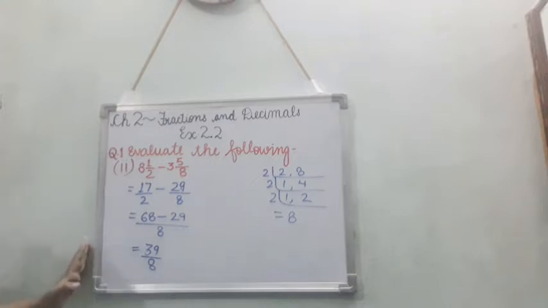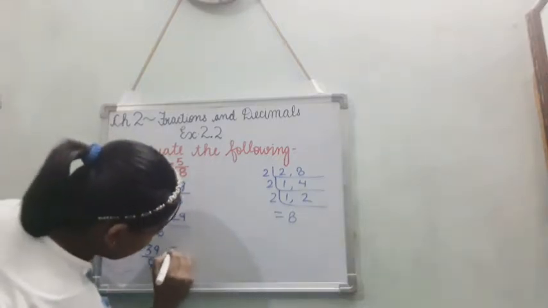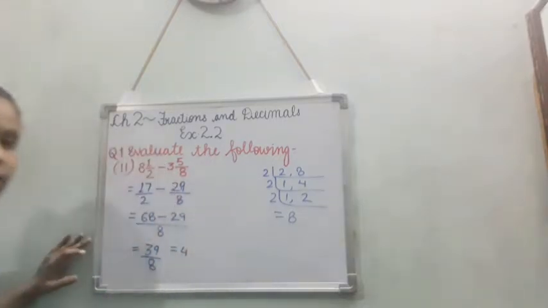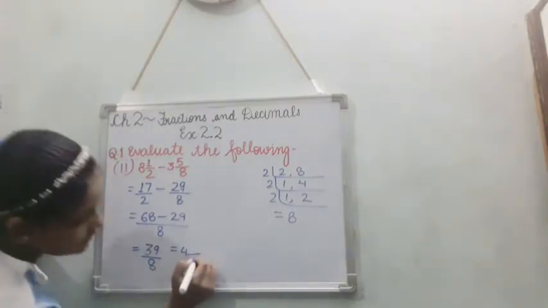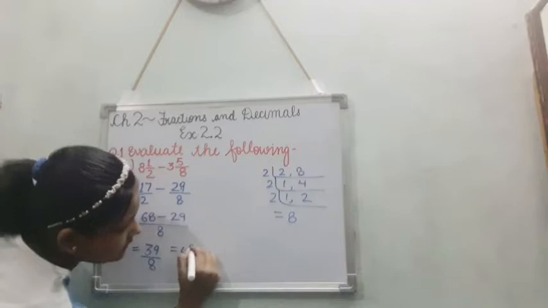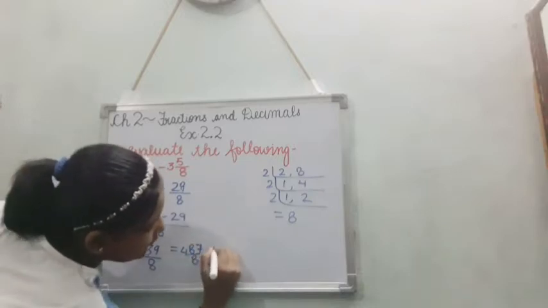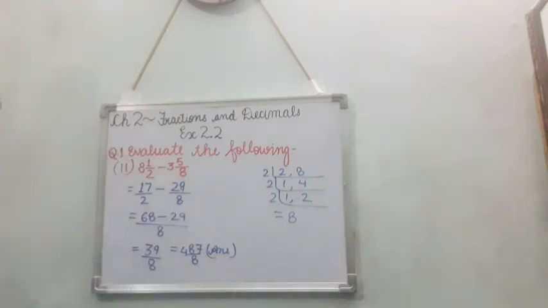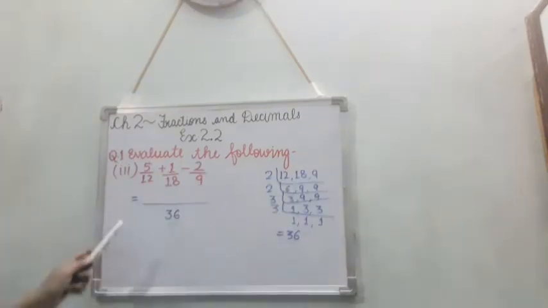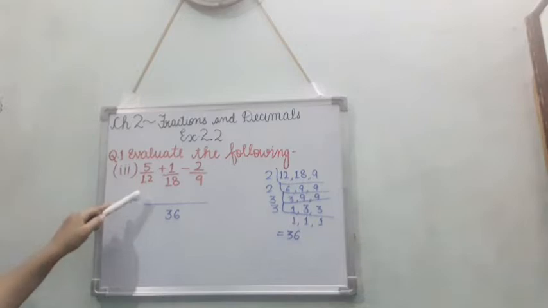So the answer will be 4 as the whole, then in the denominator there will be 8, and the remainder is 7. 4 7/8 is our answer.